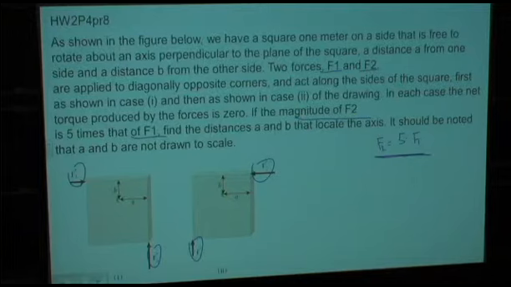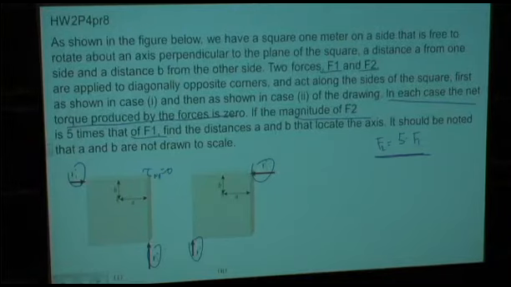Now, we have 2 conditions to write. First condition is this torque, net torque, equals 0. How do we know? We can read somewhere it was said. In each case, net torque equals 0. But if we have only 2 forces acting on an object, net torque equals 0 only if the first torque has the same magnitude as the second torque.